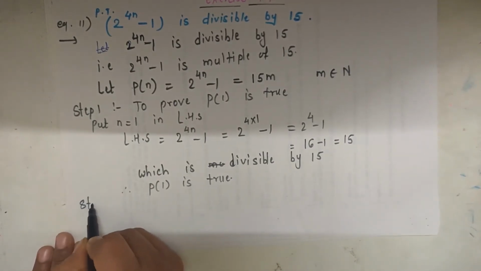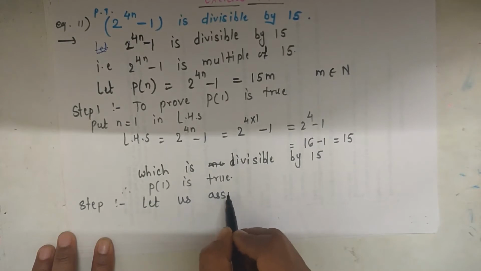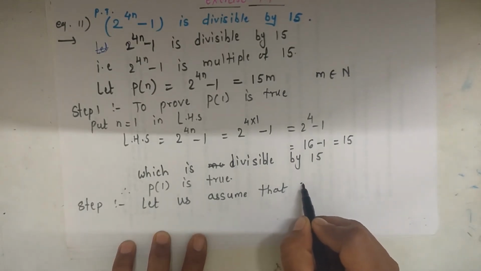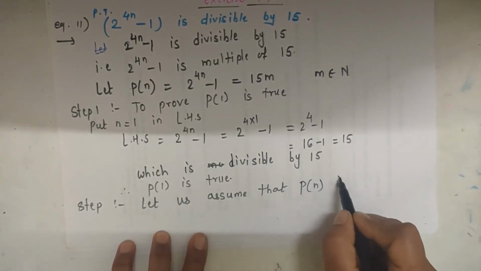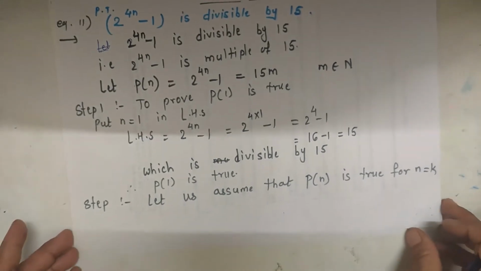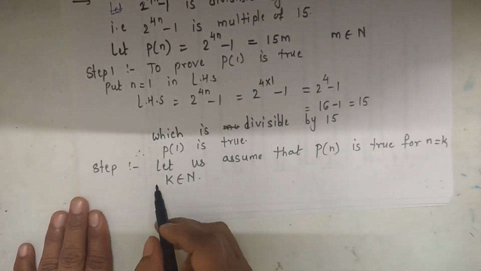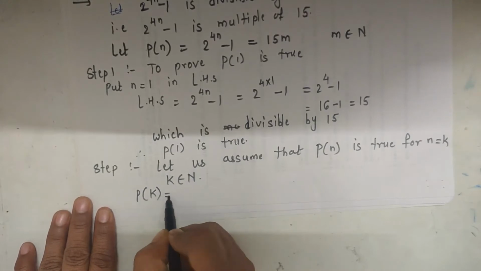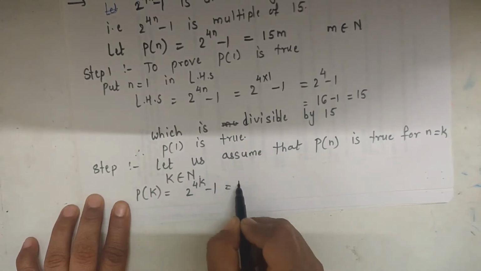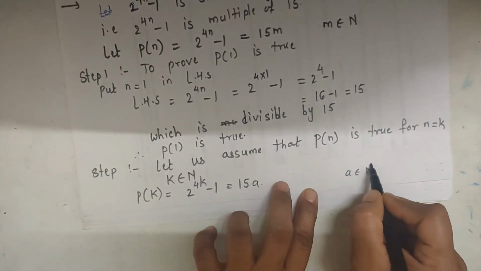In the second step we assume that P of n is true for n is equal to k, for k belongs to the natural numbers. So the given statement in terms of k can be written as 2 raised to 4k minus 1 is equal to 15a, where a belongs to the natural numbers.